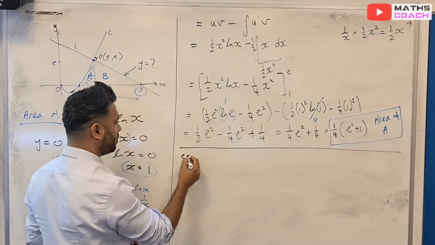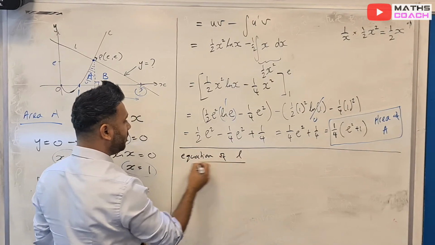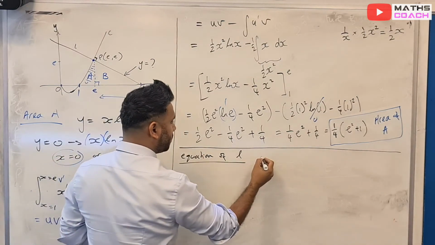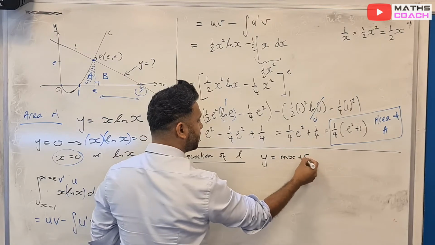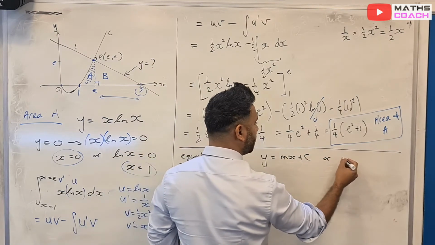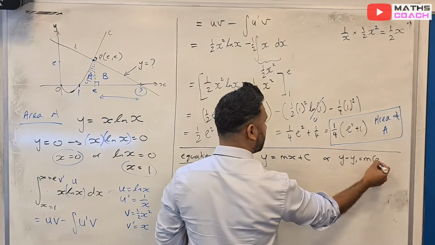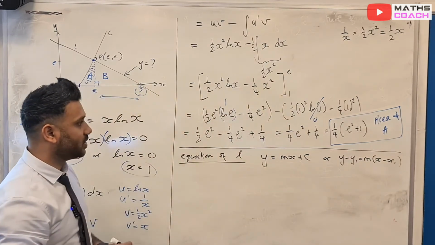So equation of line L. So y equals mx plus c, or use the formula y minus y1 equals m bracket x minus x1. So you have an option between which two to use.